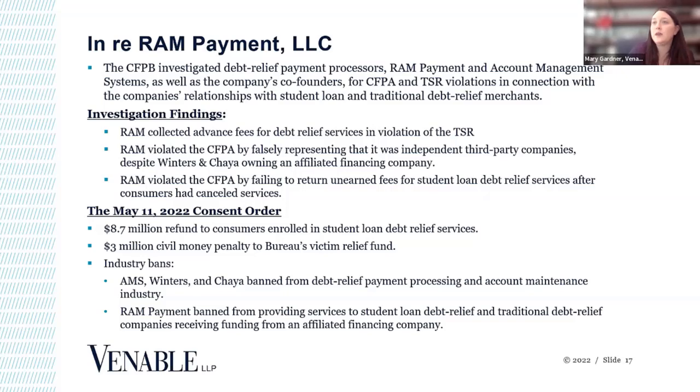The CFPB released its investigation findings. They found that RAM violated the TSR's advance fee provision by collecting fees for debt relief services before those debt relief services came to fruition, that they violated the CFPA by allegedly falsely representing that they were an independent third-party company, even though the owners of RAM and AMS owned one of the financing companies that RAM and AMS were working with.